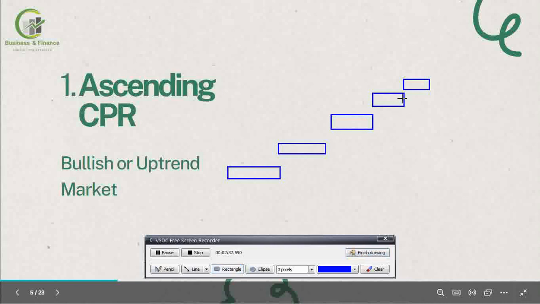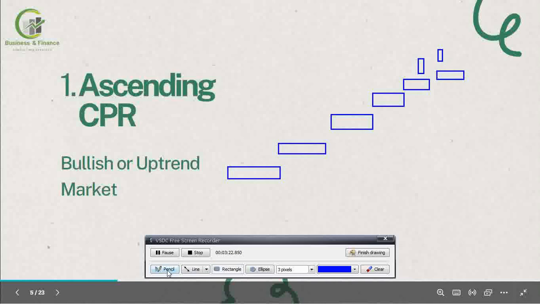If the market has closed above the CPR, while the long-term trend and current market trend is bullish, and the current trading session market opens above the CPR, then the current trading session will also remain in the bullish trend. You have to buy every dip or every correction.